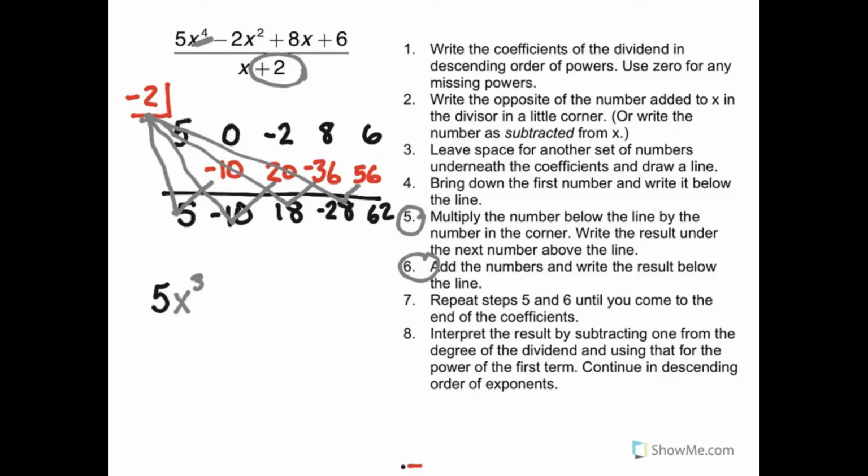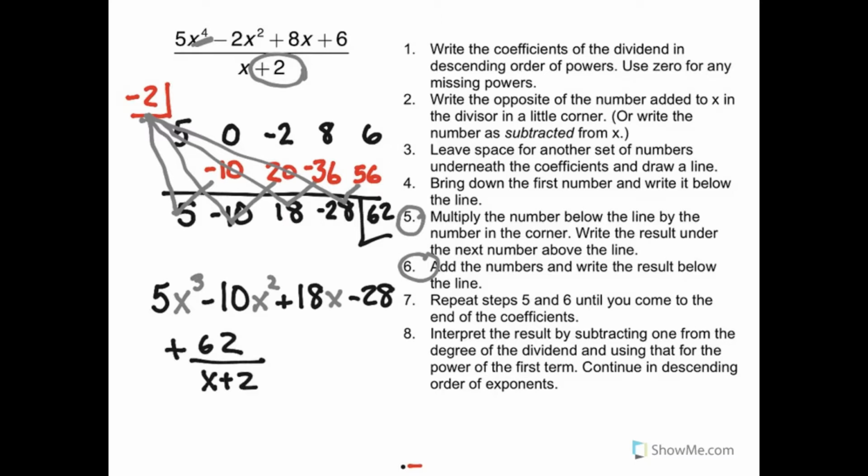I write x third with the 5, minus 10, and then I just go down in descending order, x squared plus 18x minus 28. And then the remainder is the 62, so that'll be plus 62 over the divisor x plus 2. And there we go. We went through the steps.